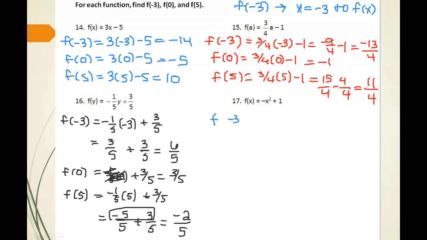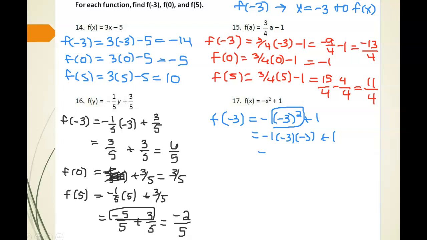F of negative 3 is negative 3 squared plus 1. Remember, order of operations says you square before you multiply. So that's really like negative 1 times negative 3 times negative 3 plus 1. 3 negatives stay a negative.